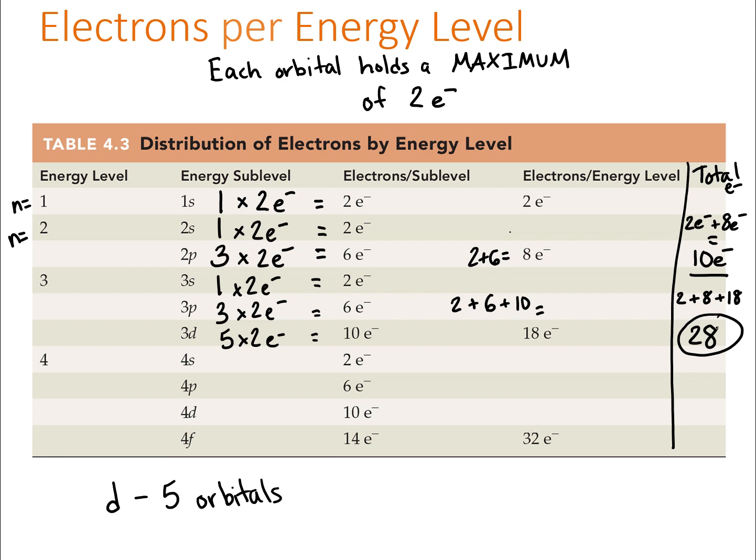With that said, let's fill in this last one. Let's say that we have n equals 1 full, n equals 2, n equals 3, and n equals 4. What's the total number of electrons that this element would have?